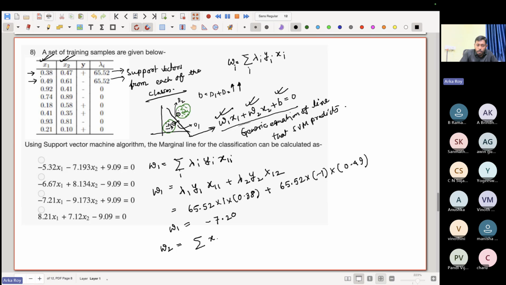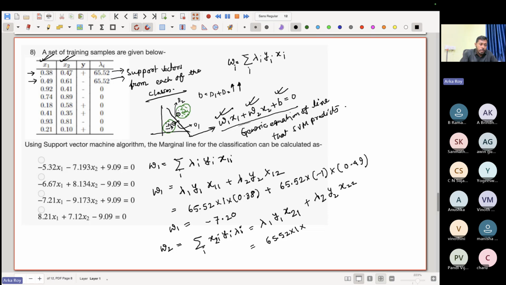So again, the equation is the sum of lambda i, yi, xi for all i. So therefore, I can write lambda 1, y1, sorry, it would be x2. So it would be x21 plus lambda 2, y2, x22. So your lambda 1 is 65.52, y1 is 1, and x21, now over here x21 is this one.